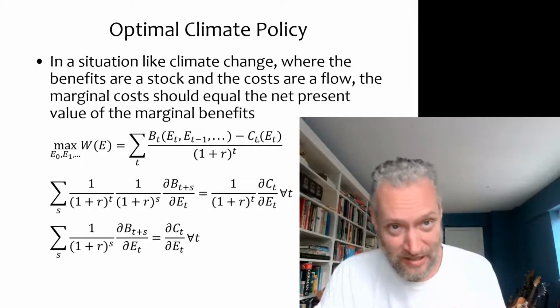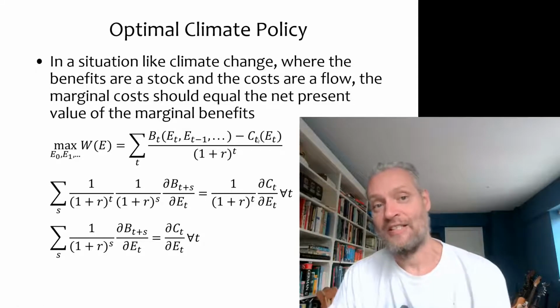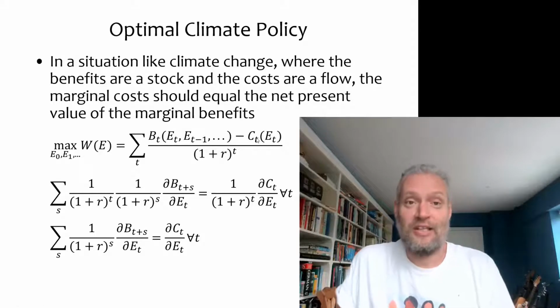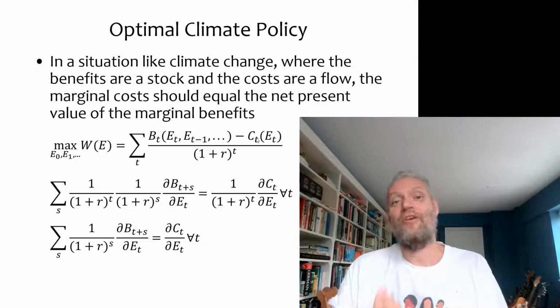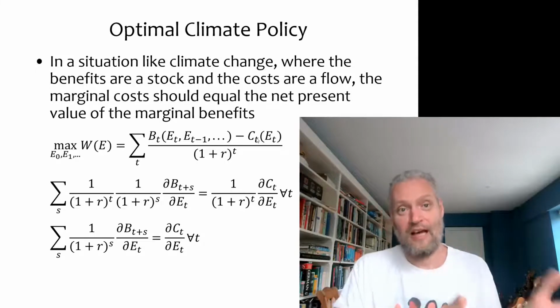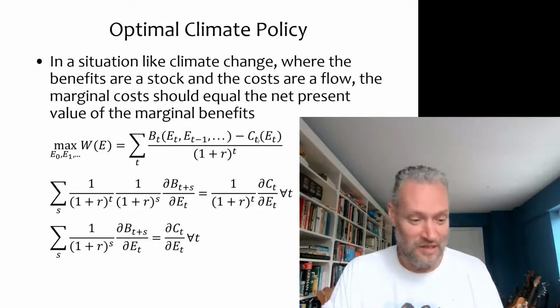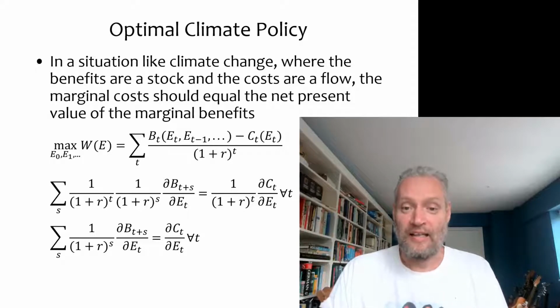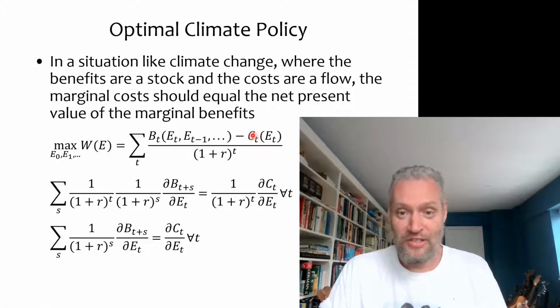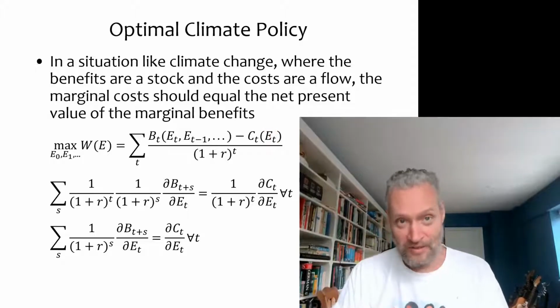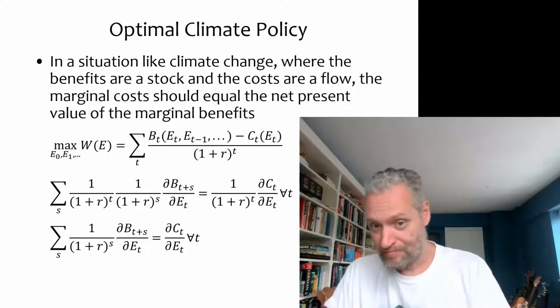The typical assumption in this kind of analysis for climate policy is that emission reduction is a flow, but climate is a stock problem. That is how we typically conceptualize this. And that means that the costs at time t are a function only of the emission reduction effort at time t, but not of what is going on in previous periods.